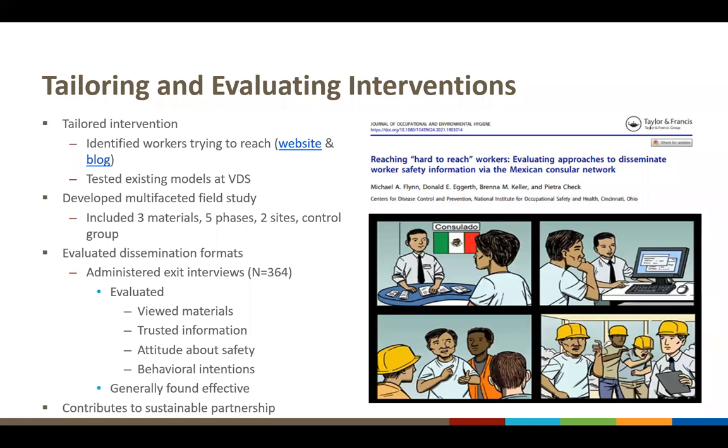And so to the degree that we could have each of the individual projects not only answer specific research questions or specific intervention objectives, but also contribute to this larger partnership, we found it has been proven to be very effective and really helped integrate occupational safety and health as one of the cornerstones of the Mexican government's health promotion work with their diaspora through the consulates.